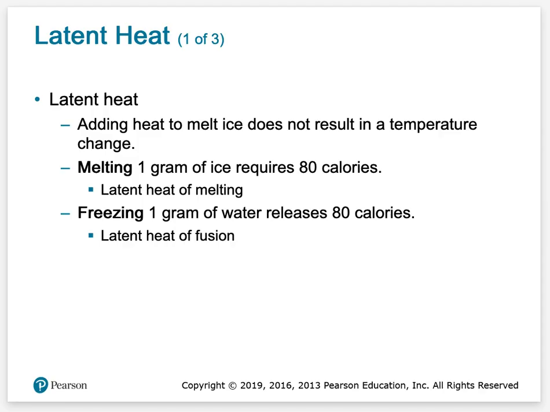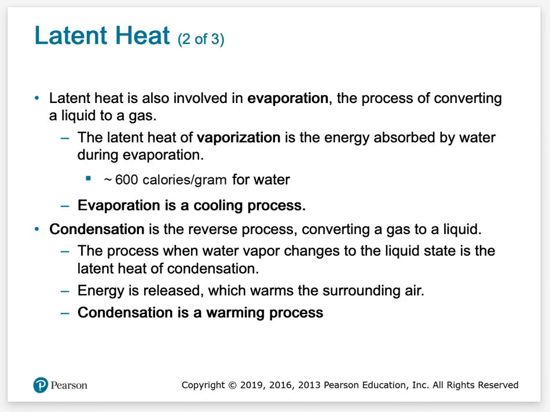So if the added energy does not raise the temperature of ice water, where does this energy go? In this case, the added energy breaks the hydrogen bonds that once bound the water molecules into a crystalline structure. Melting 1 gram of ice requires 80 calories, and freezing 1 gram of water releases 80 calories.